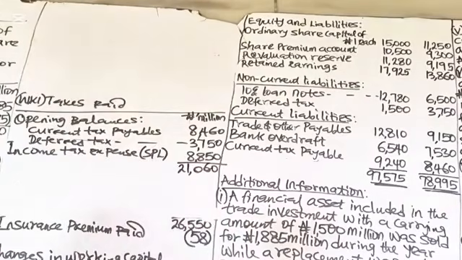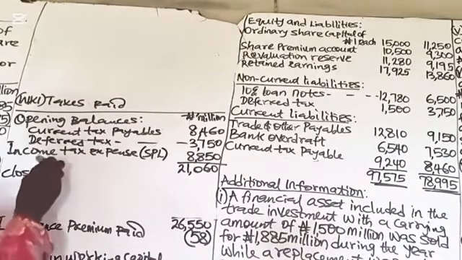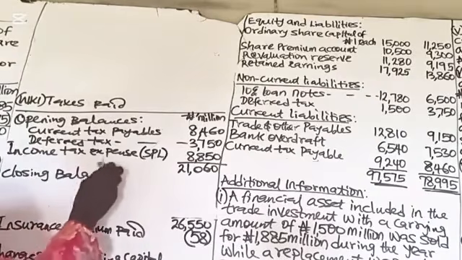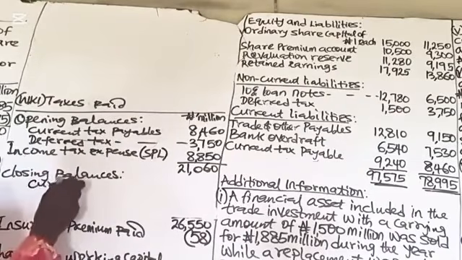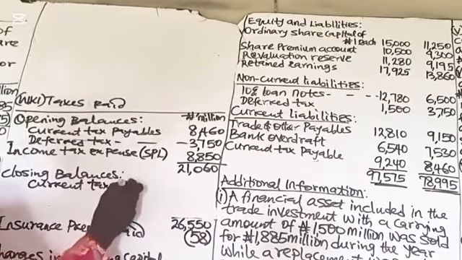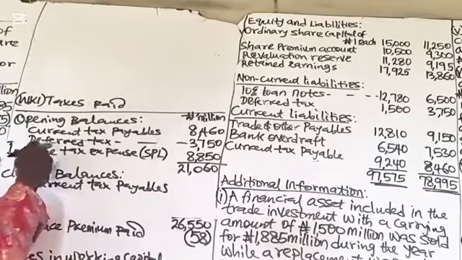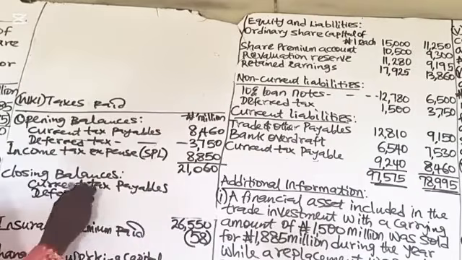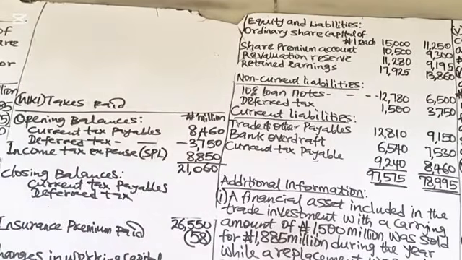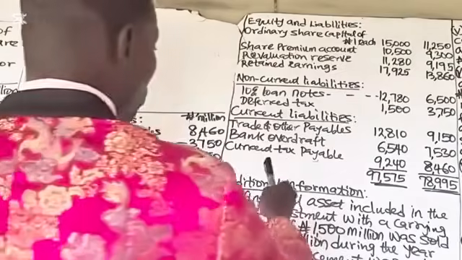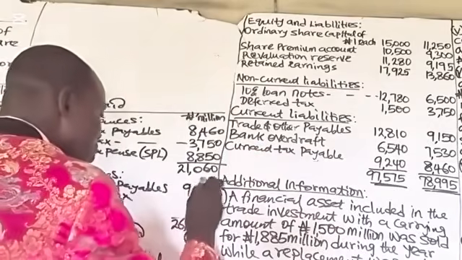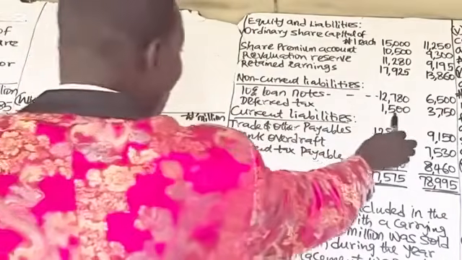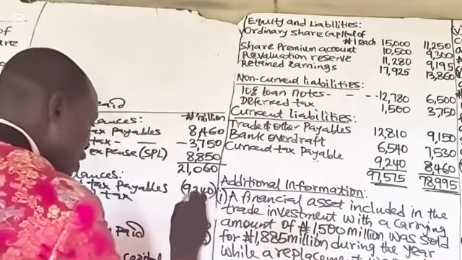Then after this, you have the closing balances. And your closing balances also include the current tax payables and then we equally have deferred tax. Now, the current tax payables, the closing balance we have 9,240, and the deferred tax we have 1,500.